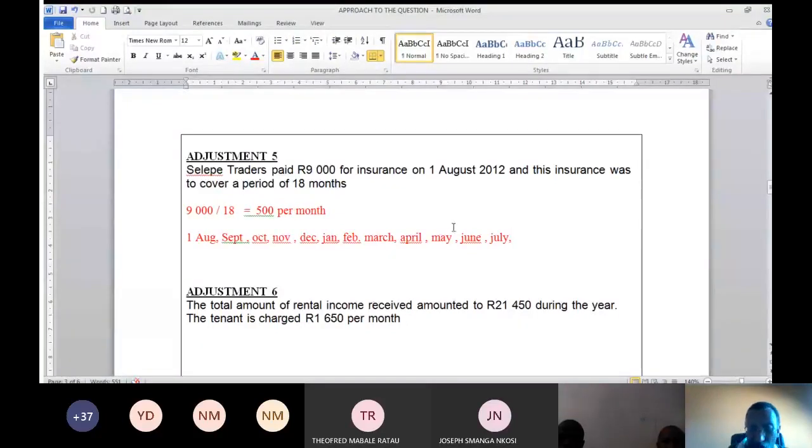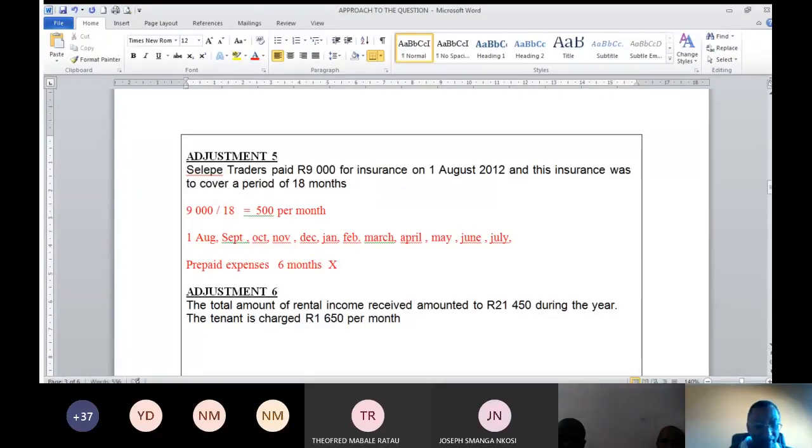So you paid for 12 months of this year, and you also paid for 6 months of the next financial year. So your prepaid expenses is actually for 6 months.